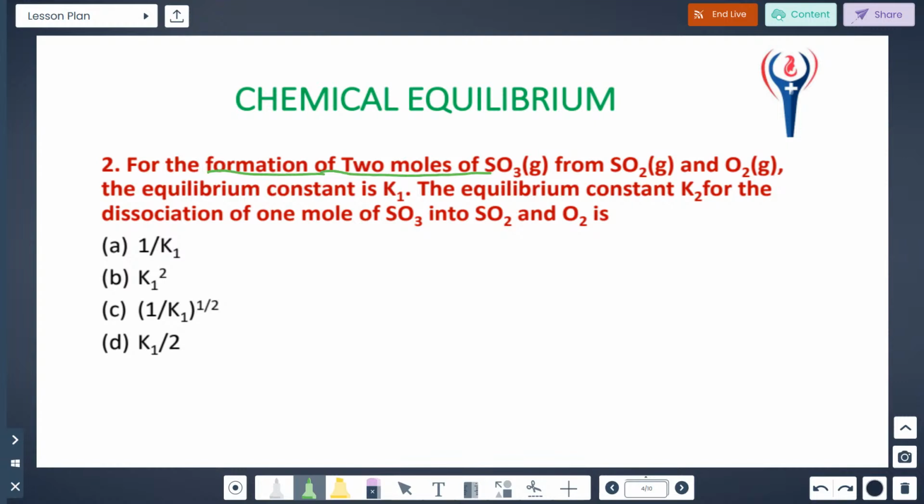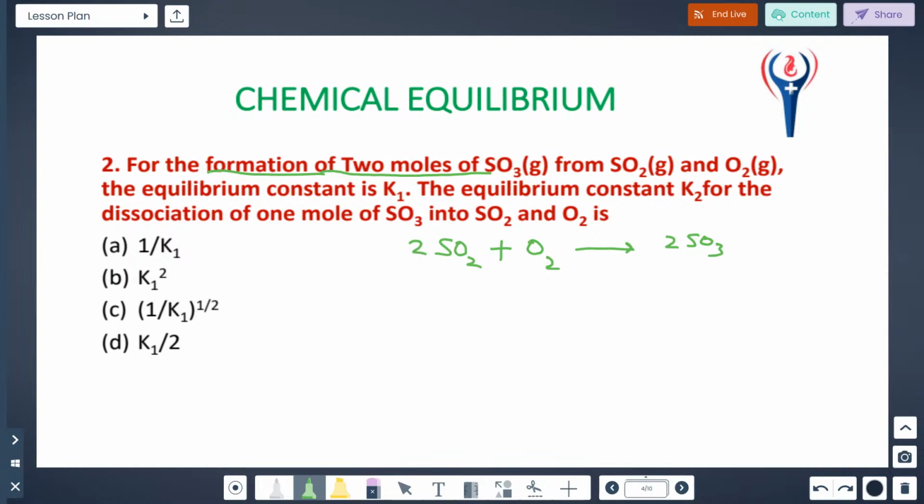I write 2SO3, formed from SO2 and O2. Then balance the equation: 2 sulfur, so you put 2 here. I think it's a balanced equation.